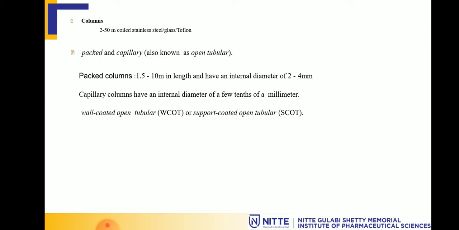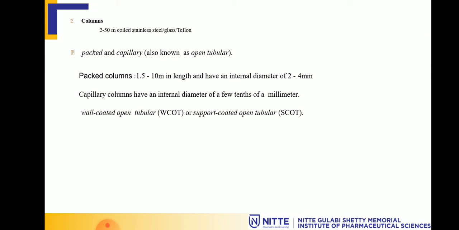Before we learn about the difference between these three open tubular columns, let us learn about the history. It gives you a glimpse of how fascinating it was to make a new type of column, and why a change in the column was necessary. In the early 1950s, the packed column was generally used, and as time proceeded, open tubular columns came into the market, but they had a lot of problems.